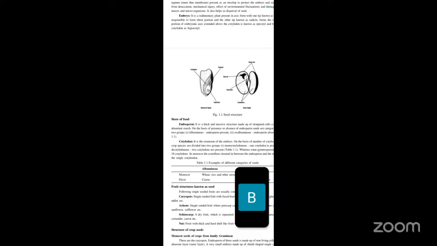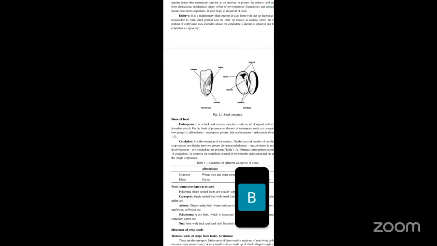Availability of the endosperm means albuminous. Exalbuminous means the endosperm is absent; among dicots, pea and other pulses are examples. This is very important from a competitive examination point of view.